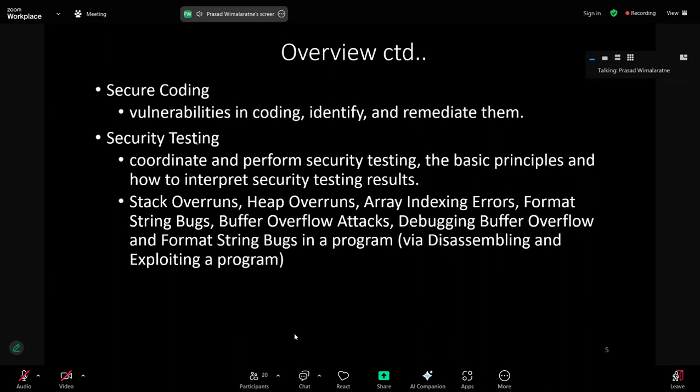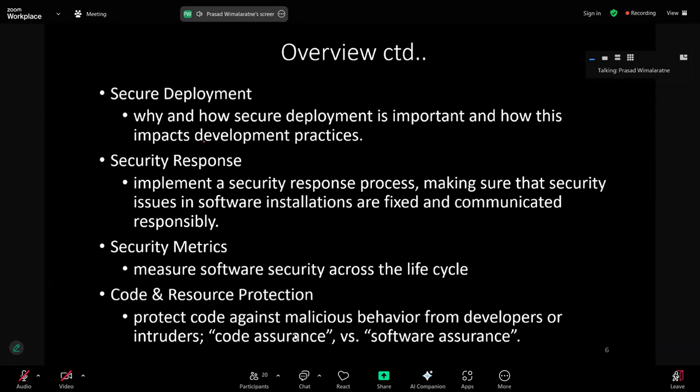That is part of it: various stack overruns and heap overruns and various kinds of issues we can test through various tools. So during practicals, you'll be exposed to some tools in two areas, mainly in the sections I am covering, threat modeling and also security testing.